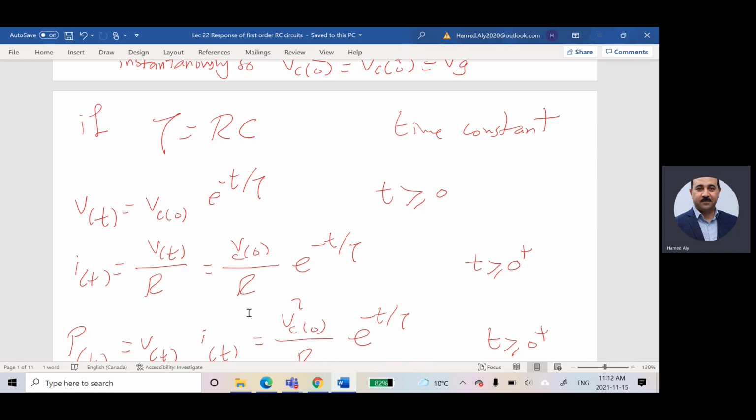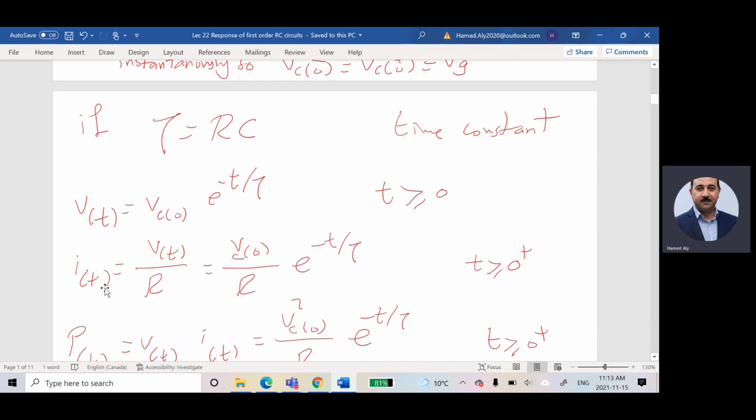Because I have variable voltage across the capacitor, which is Vc of 0 times e to the power negative t over tau. As you are increasing the time, the voltage value will be changed. That's why the capacitor is not looking like an open circuit for the second case after moving the switch.